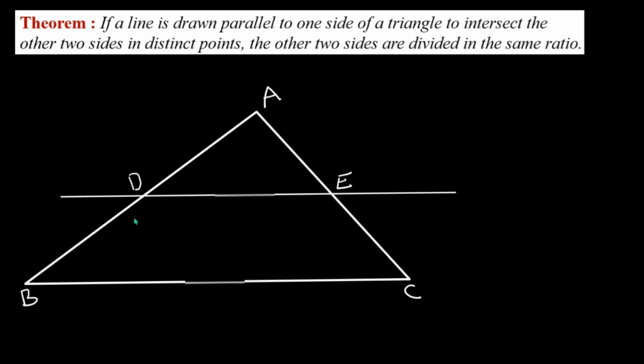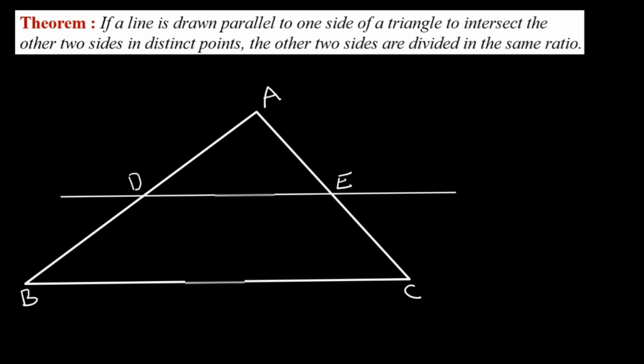Same ratio means AD by DB is equal to AE by EC. Whatever ratio it divides this line into, this line also will be divided into the same ratio. This is the theorem.